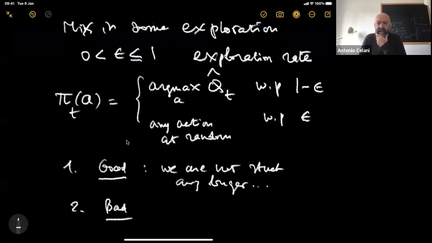The bad news is that we keep on exploring, okay? So we will still do once every 1000 steps the bad thing. And cumulatively on the very long run, this is going to cost us. So again, here you see there is another tension, okay? So bad.